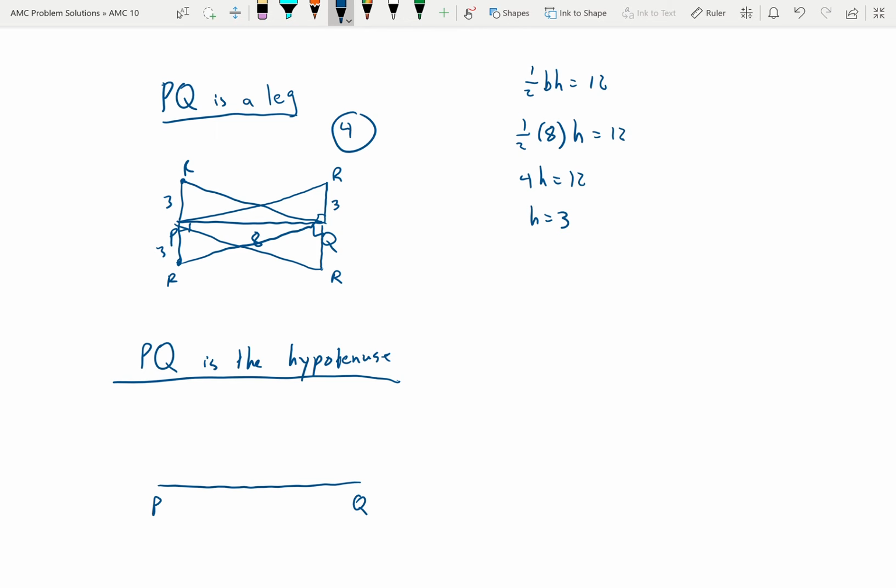And I want you to notice that, if I draw this dotted line with height 3, when R is right there, do you see how this angle, since this is a right angle and that's an acute, that angle's got to be acute. It's got to be less than 90.